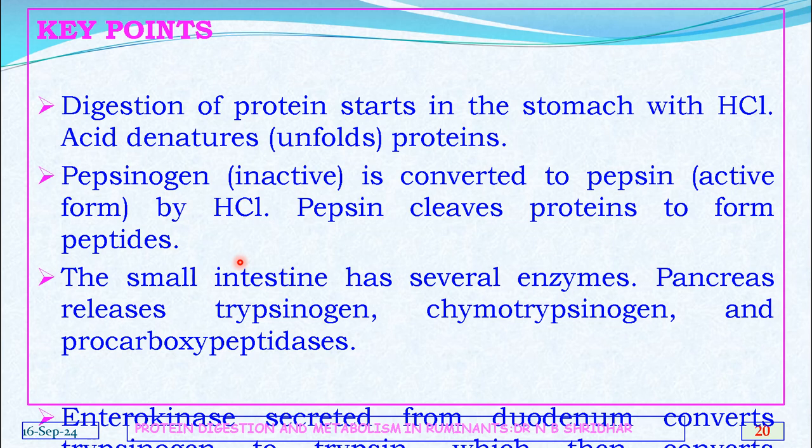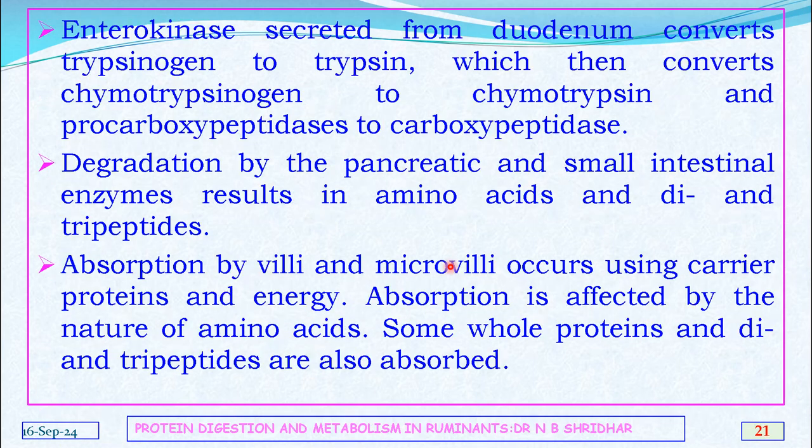Peptides are further cleaved by different enzymes in the intestine, and then they form amino acids. The small intestine has several enzymes, as we have already listed. The pancreas releases trypsinogen, chymotrypsinogen, and carboxypeptidases. These enzymes are present in the small intestine of both ruminant and non-ruminant animals.